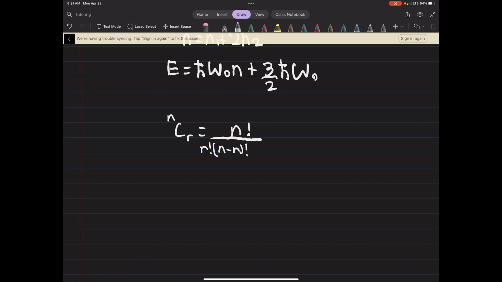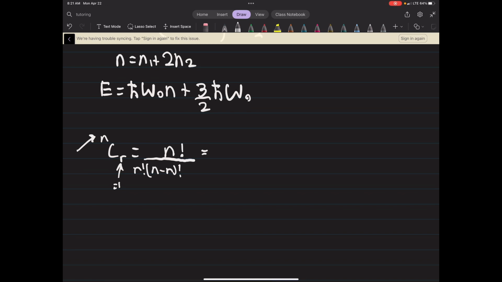So R is going to be 1 because we're interested in it settling into one state, and N is the number of different states that we're looking at. So N equals 1, 2, 3, what have you. So then this is equal to n factorial over 1 factorial times (n minus 1) factorial, which is just n factorial over (n minus 1) factorial.